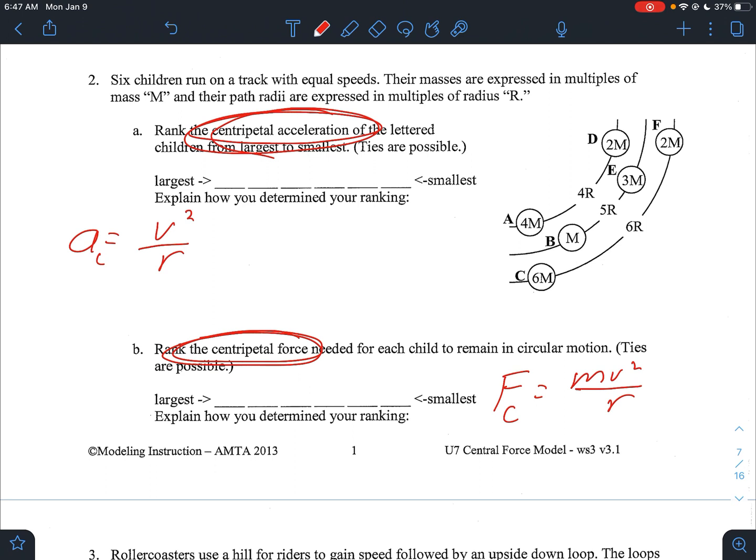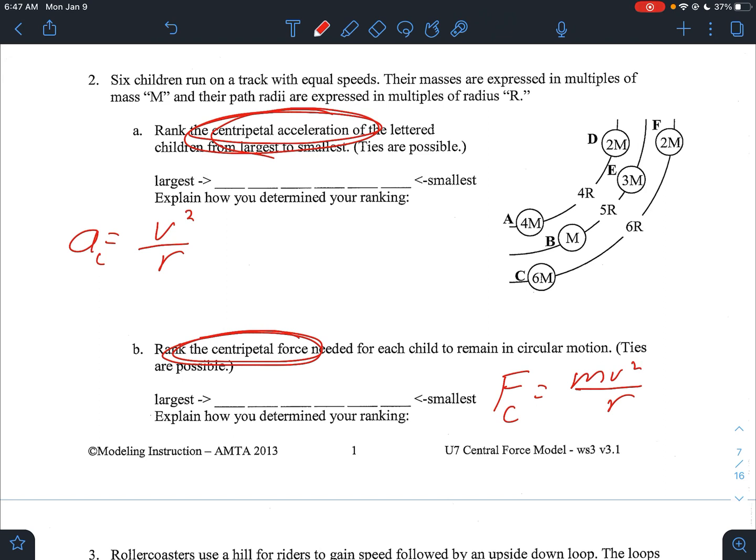Now going back to centripetal acceleration, notice that everybody is running with equal speeds. So my velocity is going to be the same for each child.